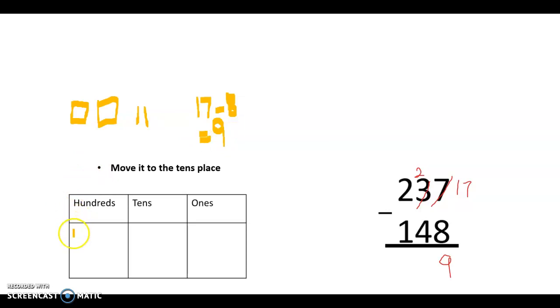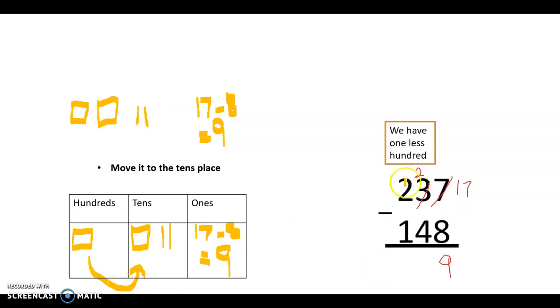Now I've got to move 100 over to the tens place. I've got to borrow it so that I can subtract my tens. And here's my 1 still that I've already regrouped and subtracted to get my remainder of 9 ones, or my difference.